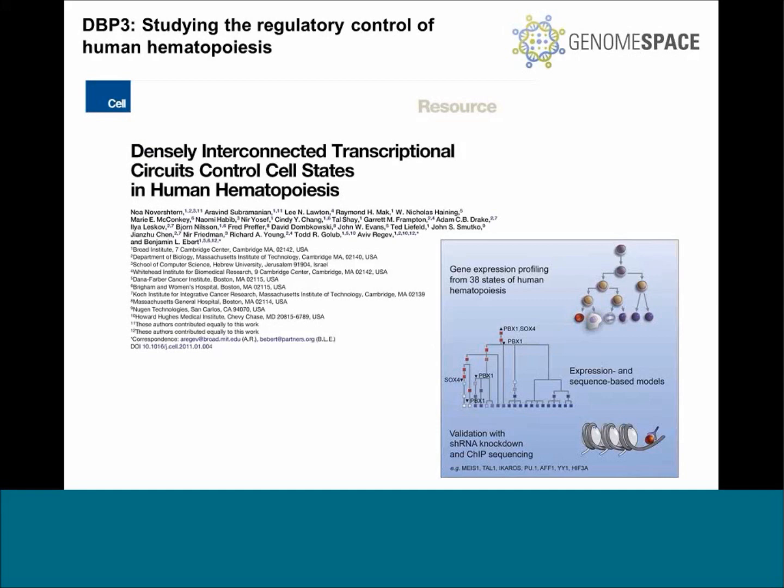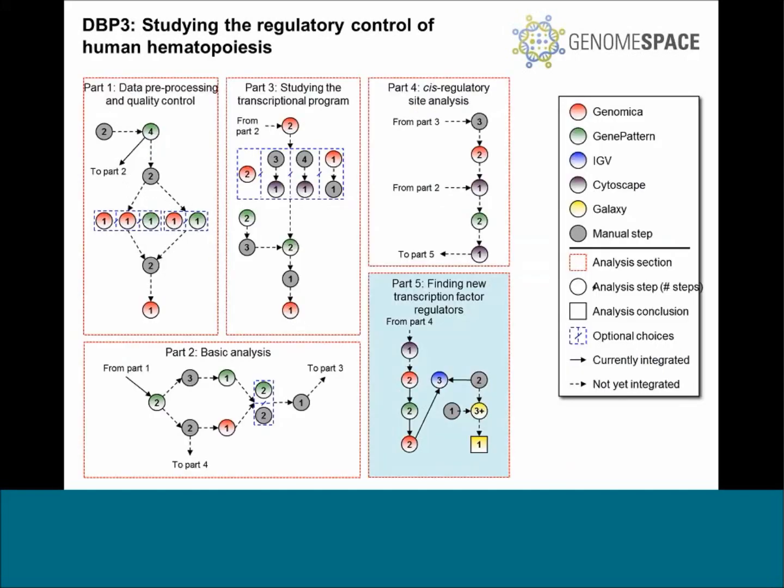So an overview of what we're going to be going through is here. We're going to study the regulatory control of human hematopoiesis. What we're looking at here is an analysis step view of each of the parts of research that went into this particular publication. The part that we'll be showing in GenomeSpace is part 5.